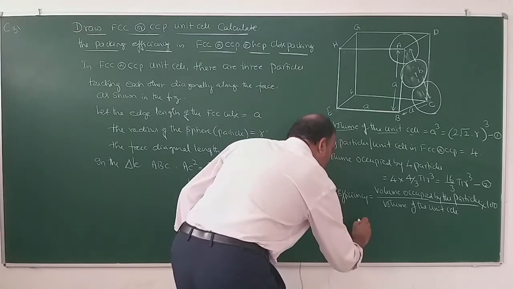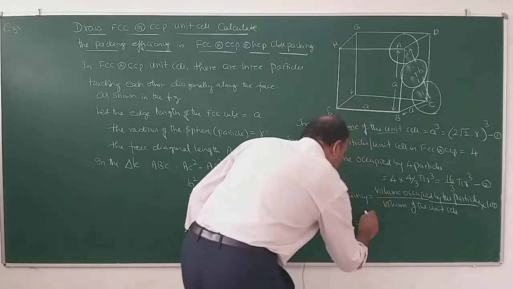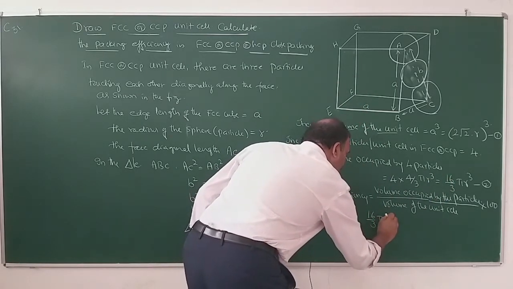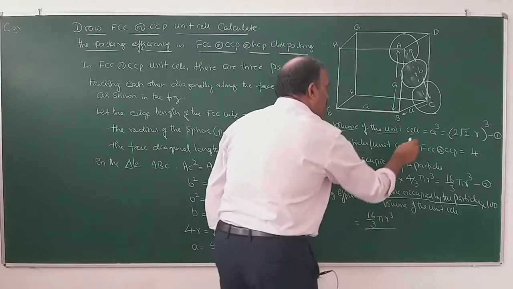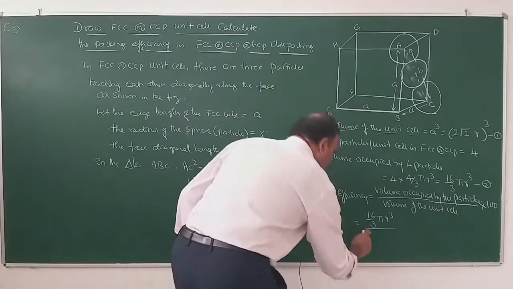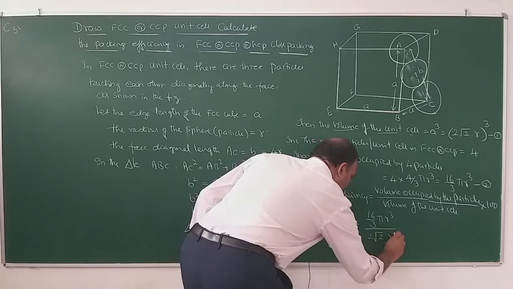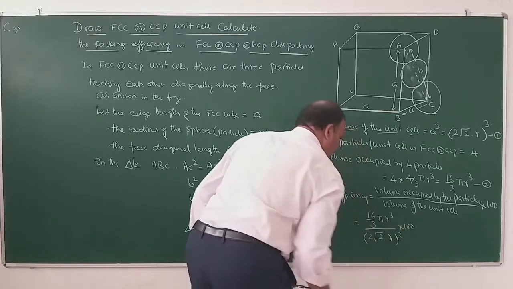Substituting the values, volume occupied by 4 particles is 16 by 3 pi r cube, divided by the volume of the unit cell, that is 2 root 2 r whole cube, into 100.